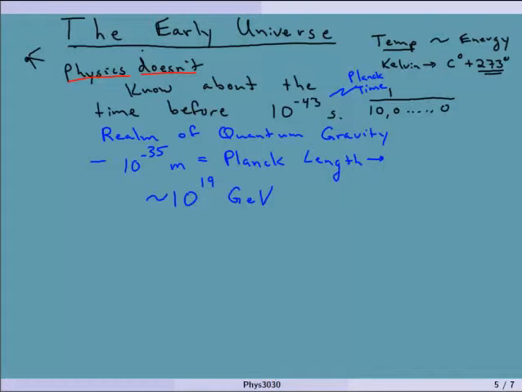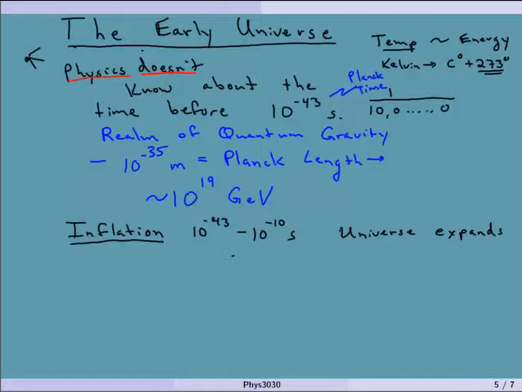Now, the first part that I can talk a little bit about, which I'm not going to go into too much because the next chapter is all about inflation. But suffice it to say, from about 10 to the negative 43 to 10 to the negative 10 seconds, which is still really small, the universe expands really, really fast.